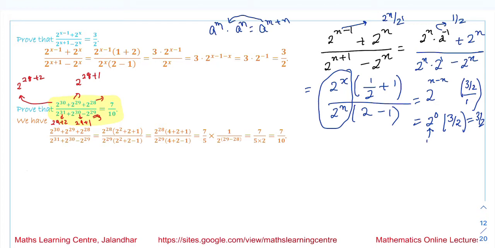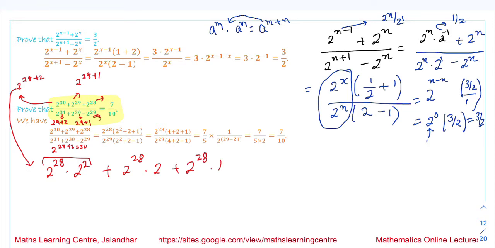2 raised to the power 28 plus 2 means I can write this term as 2 raised to the power 28 into 2 raised to the power 2. So the first term will become 2 raised to the power 28 into 2 raised to the power 2, the next term will be plus 2 raised to the power 28 into 2, and the next is 2 raised to the power 28 into 1.